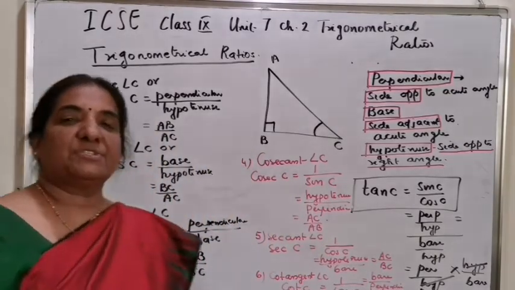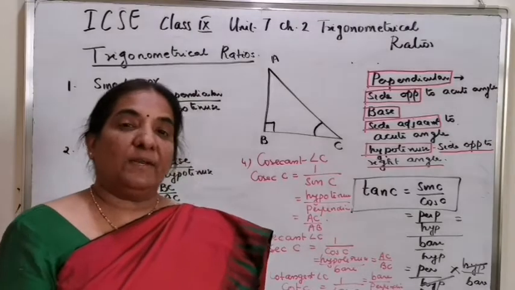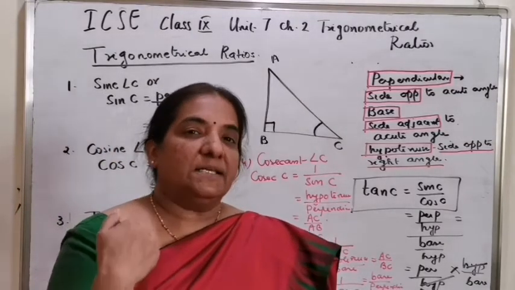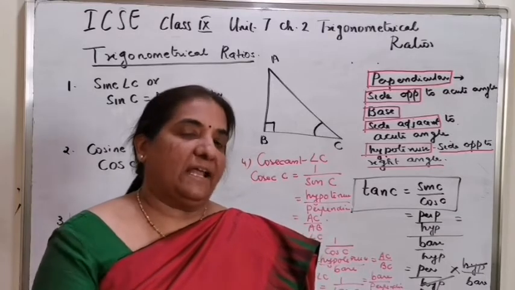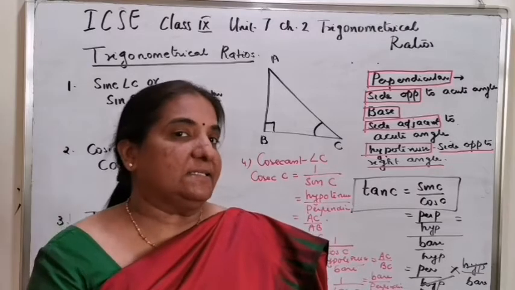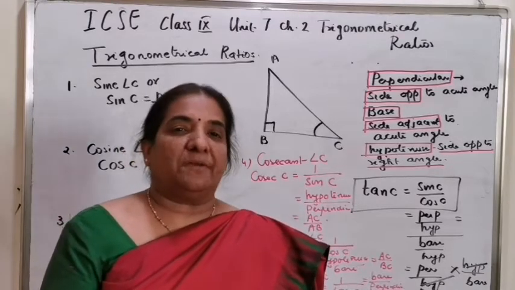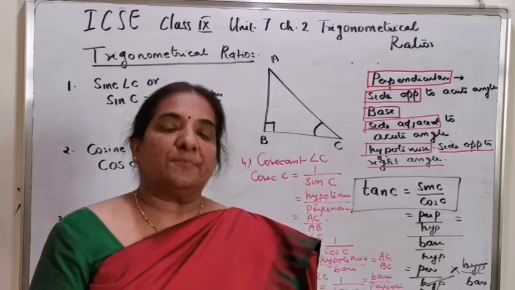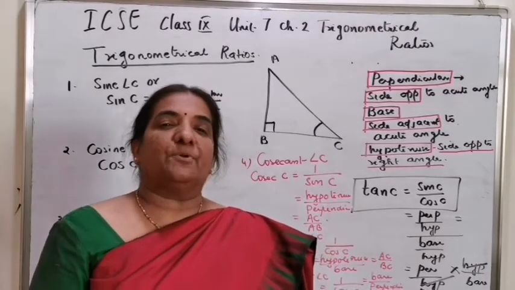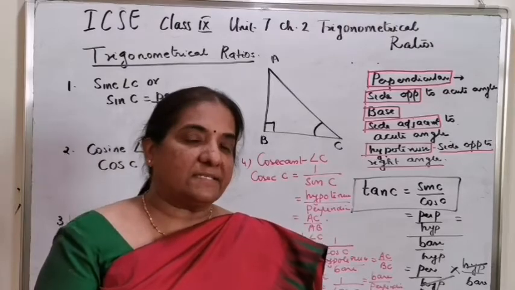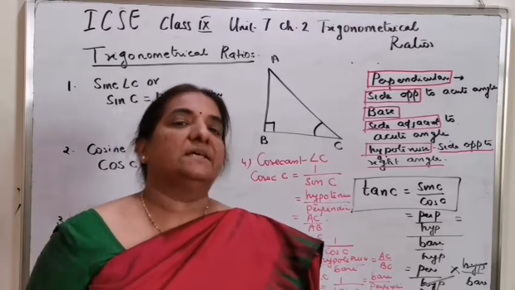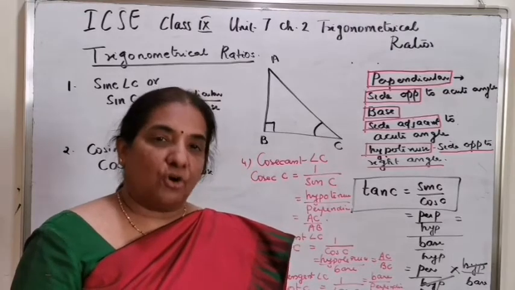So normally when you study the ratios, you will understand only the ratios related with sine of an angle, cos of an angle and tan of an angle. The concerned reciprocals, you can remember as the reciprocal of sine is cosec of an angle, the reciprocal of cos of an angle is secant, and the reciprocal of tan is the cotangent or cot.